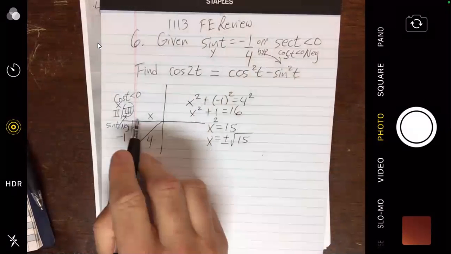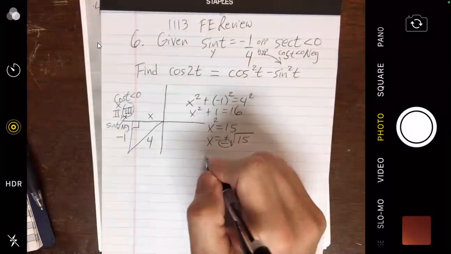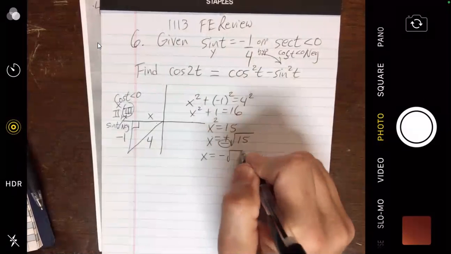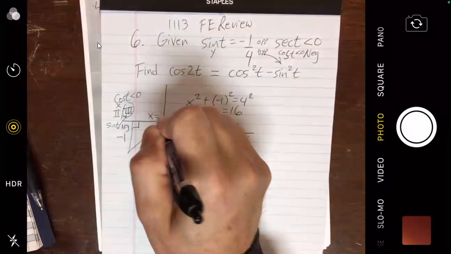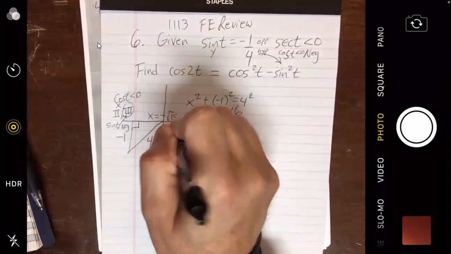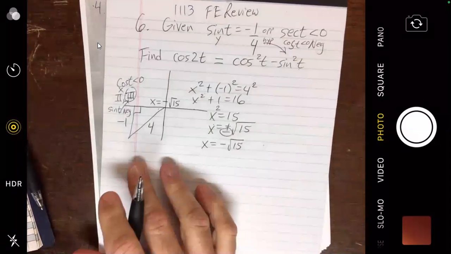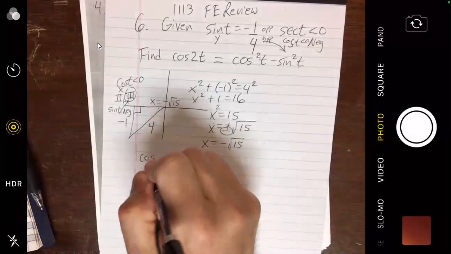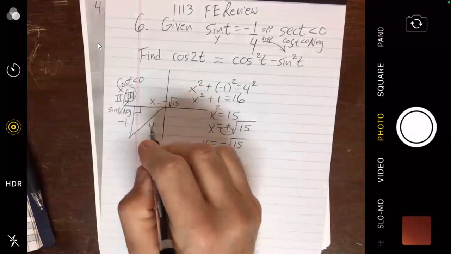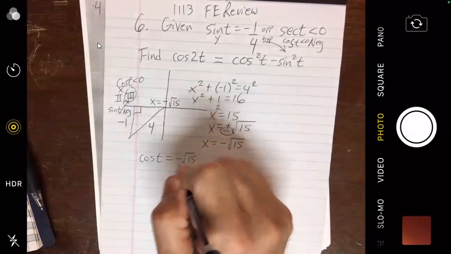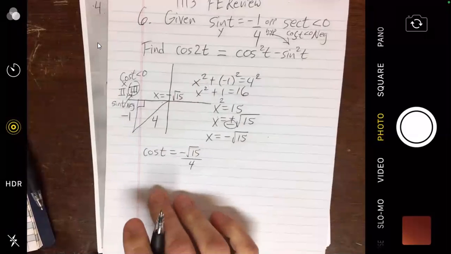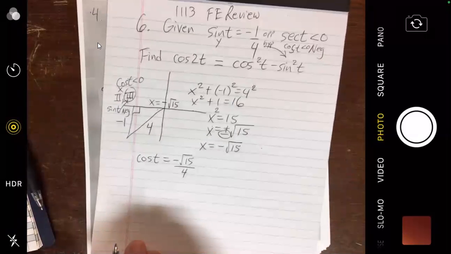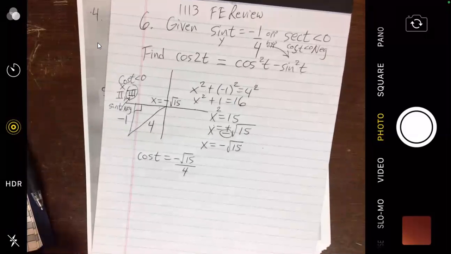And you can see from the picture, we're going to want it negative. x will equal negative root 15. And this tells us that the cosine of t then is adjacent over hypotenuse, negative root 15 divided by 4. Are we together so far?